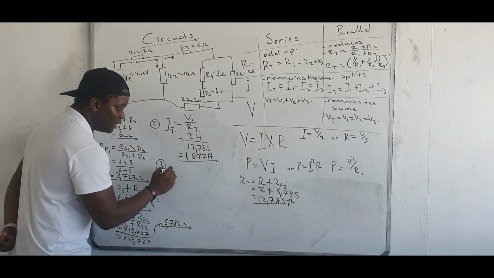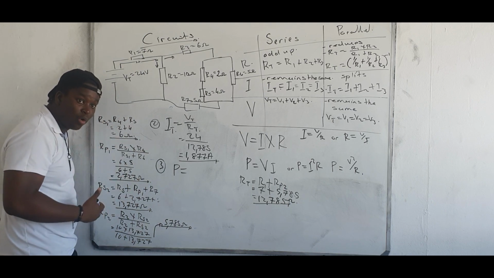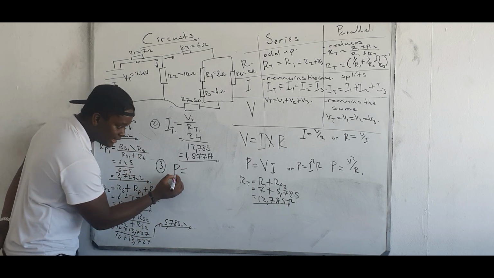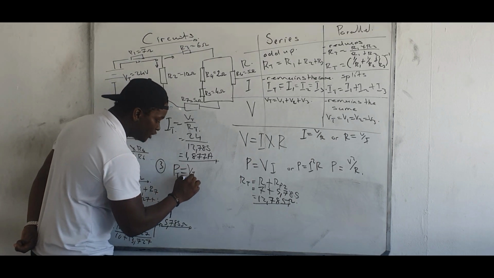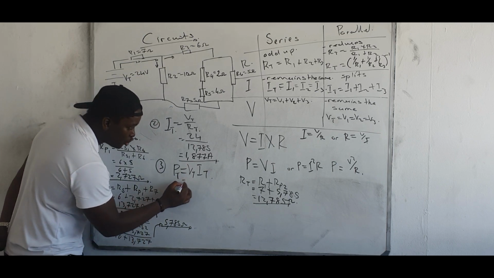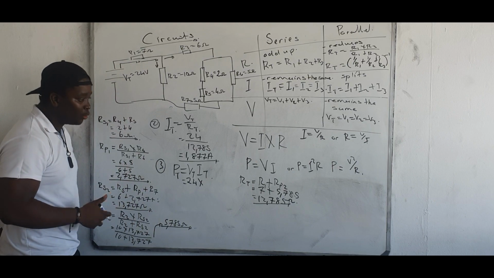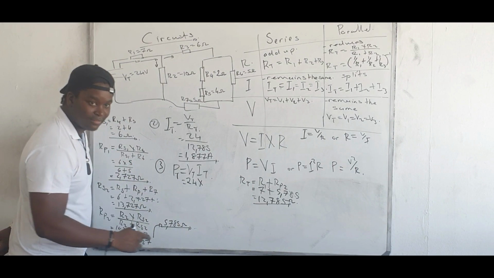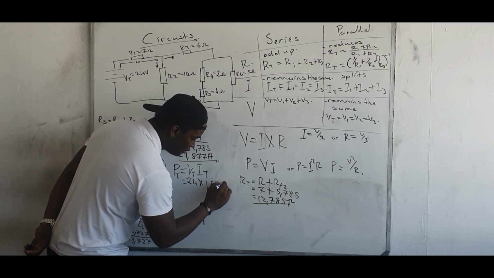But anyways, let's finish up. It says calculate the total power consumed by the circuit. So P total is equal to V total multiplied by I total. V total was given as 24, multiplied by I total, which is 1.877.